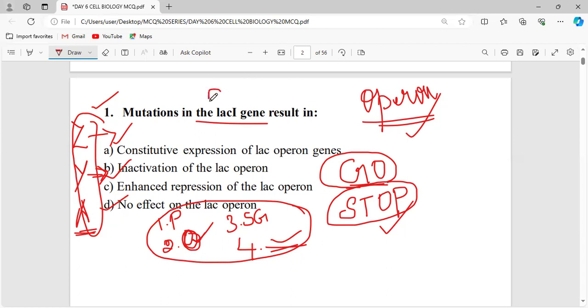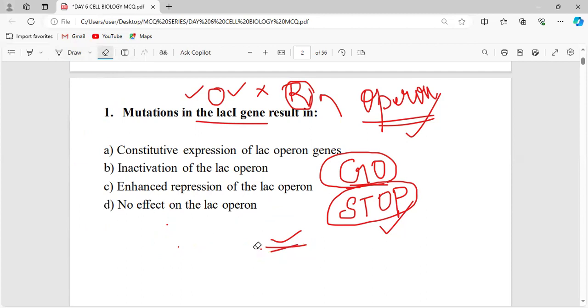Okay, see, if any mutation happens in the operator, the entire lac operon will be destabilized because it is an integral part of the operon. Whenever any mutation happens in the repressor, another repressor will replace this mutated repressor, and the function will occur normally because it is not an integral part of the operon. Okay, and this is an important thing.